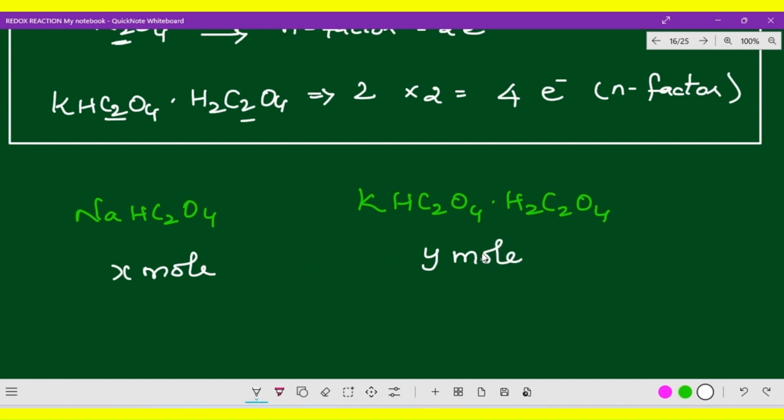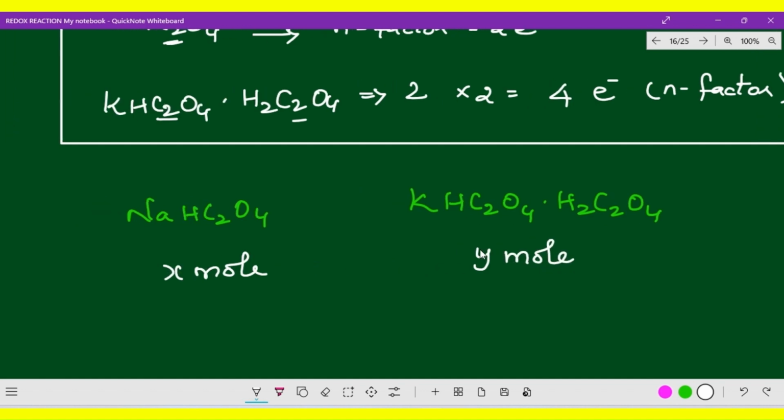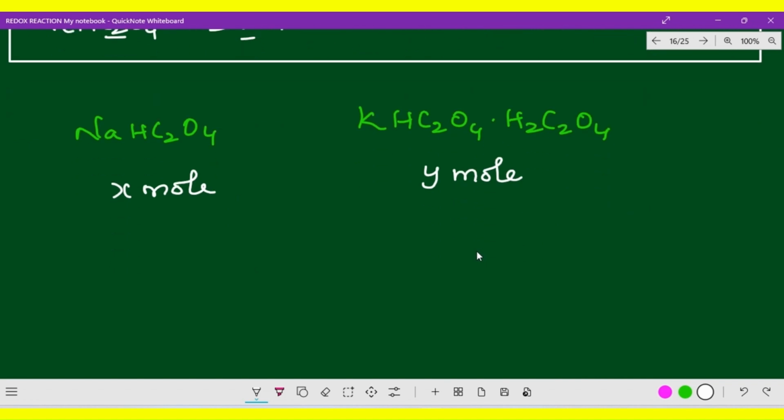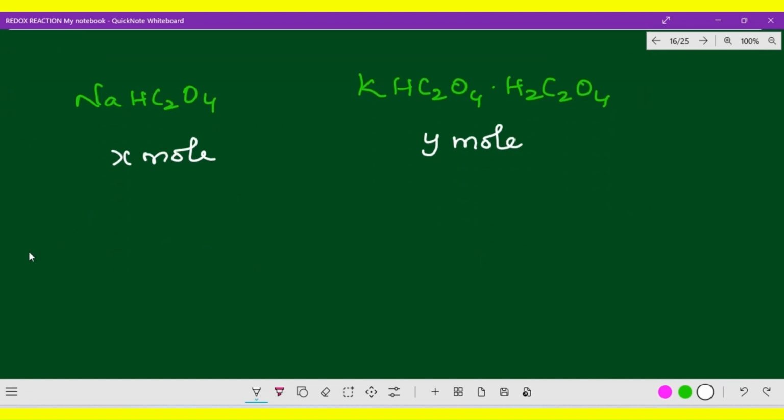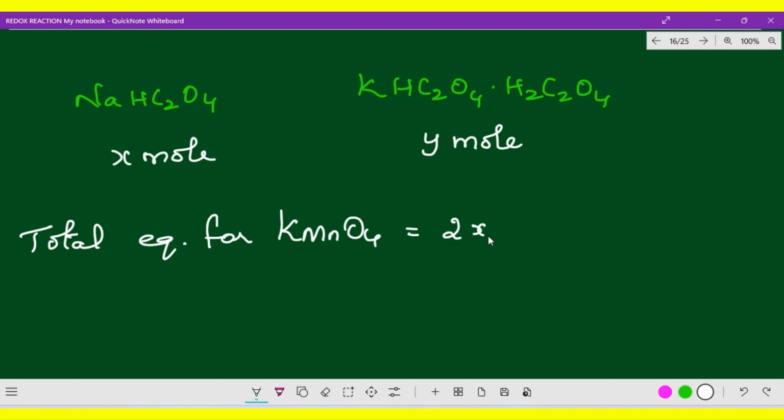Right, now total equivalent for KMnO4. For the total equivalent, how many electrons change, that means how many N factor? So here 2x plus 4y.